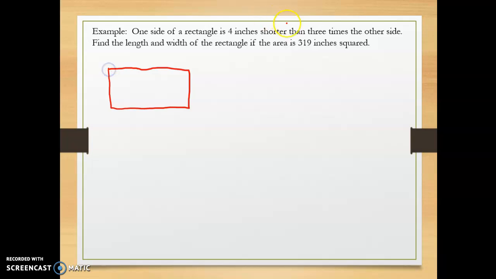So there's my rectangle, and it says one side is 4 inches shorter than 3 times the other side. Find the length and the width. So it's asking me what the length is and what the width is, and it tells me what the area is.